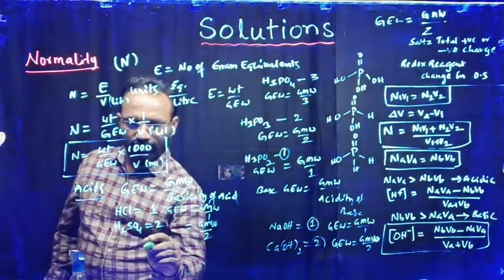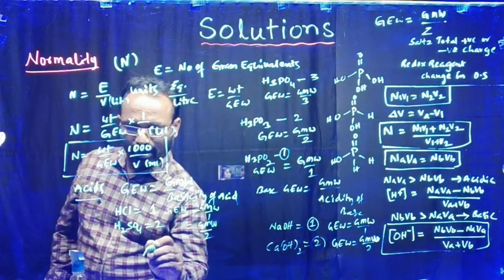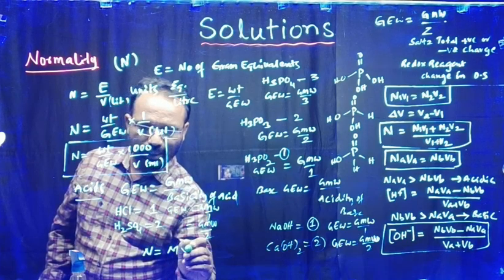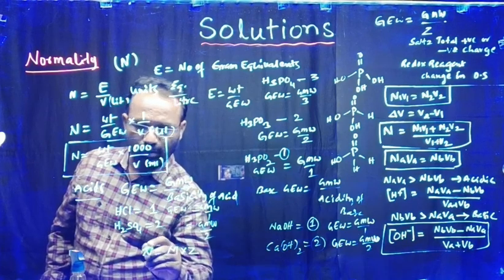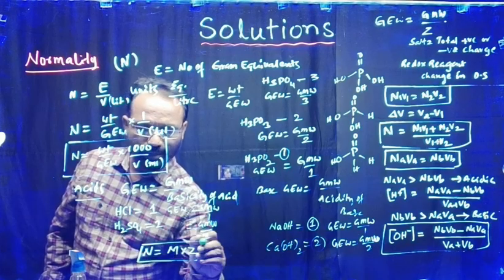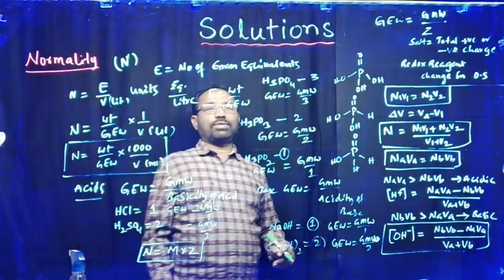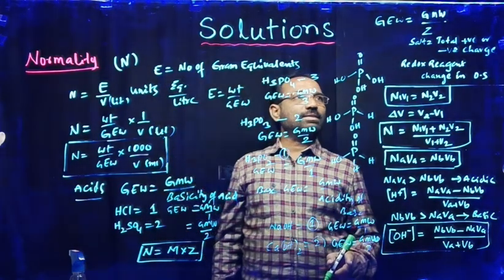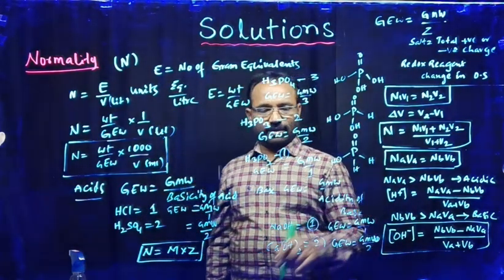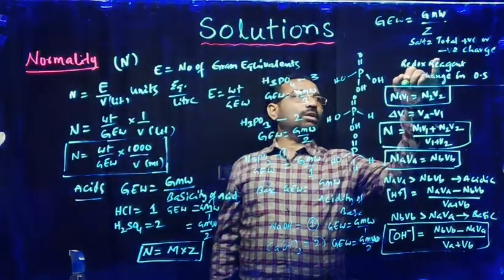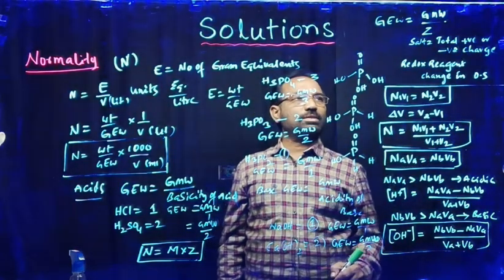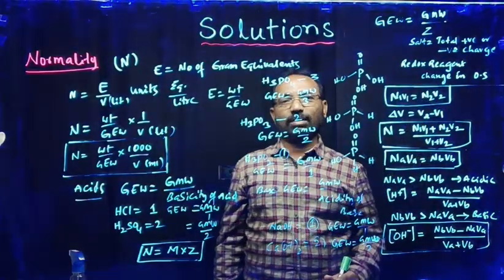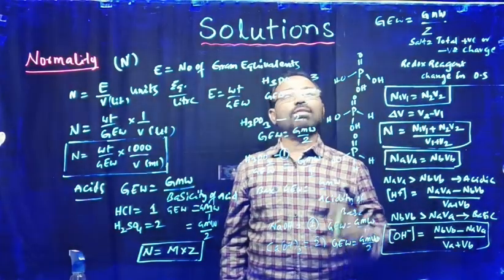Everyone should remember normality equals molarity into Z. Here, Z is, in case of acid, basicity; in case of base, acidity; in case of salt, total positive or negative charge; in case of redox reagent, change in the oxidation number or number of electrons involved.